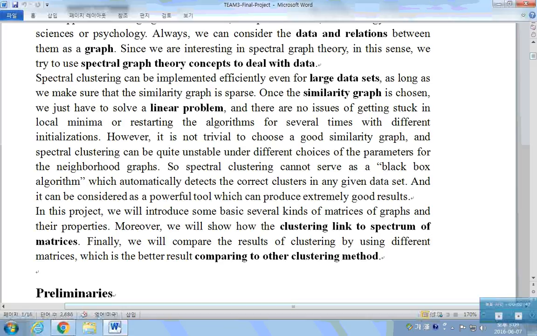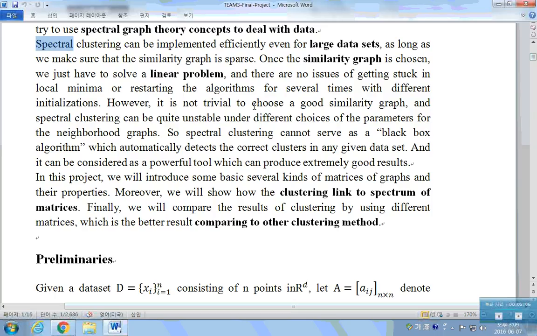Spectral clustering works well even for larger data sets. Once we get the similarity graph, we can easily solve the linear problems of that matrix. And using the algorithm several times with different iterations, we can get better results.